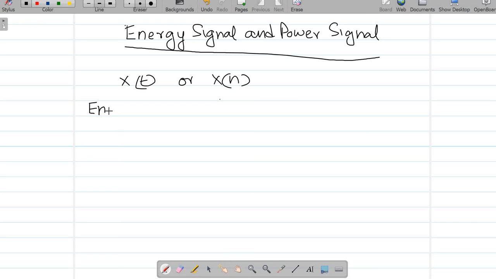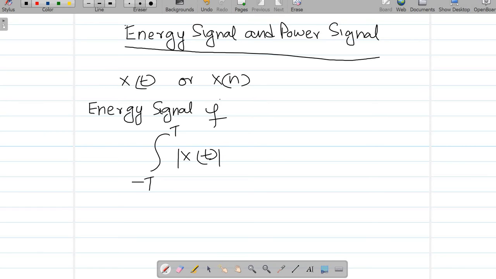A signal is said to be an energy signal if the following integral evaluates to a finite quantity. So limit T tending to infinity.